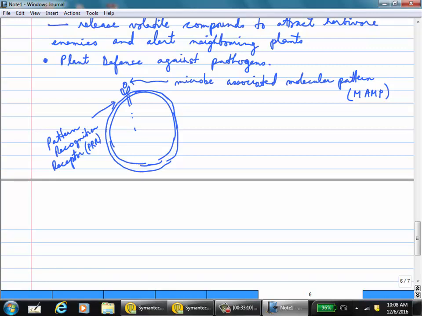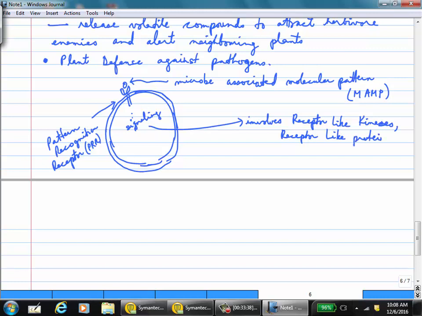So there is signaling, and that involves receptor-like kinases, then receptor-like proteins, right? And the net result will be the production of these anti-pathogen molecules, right? So this is going to produce defense response molecules.